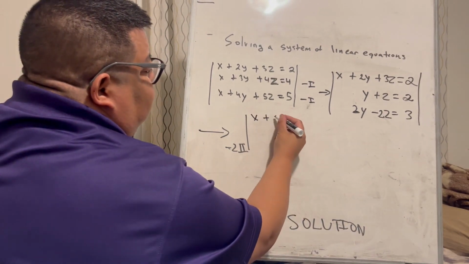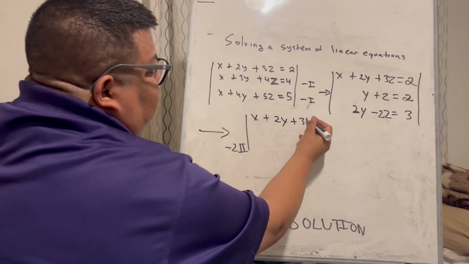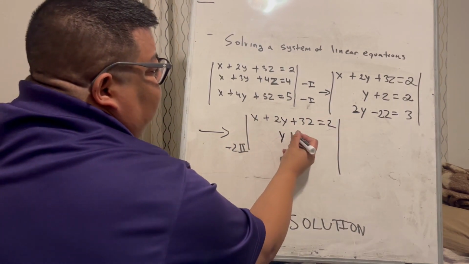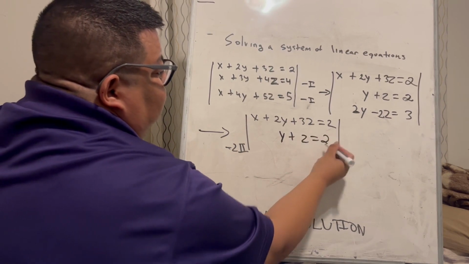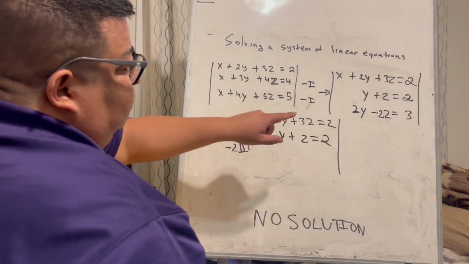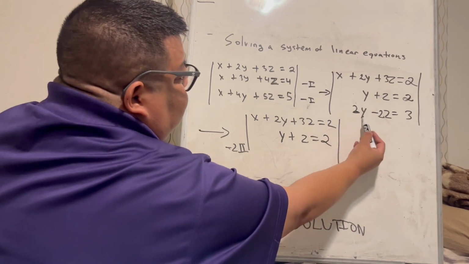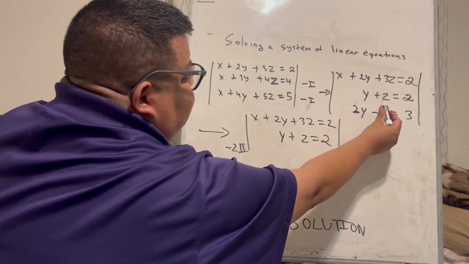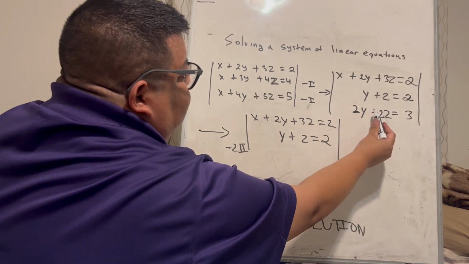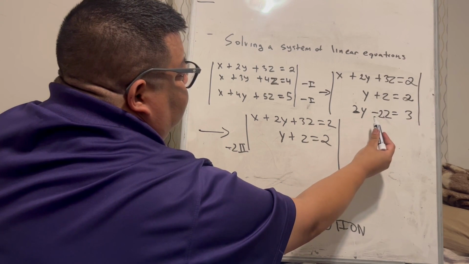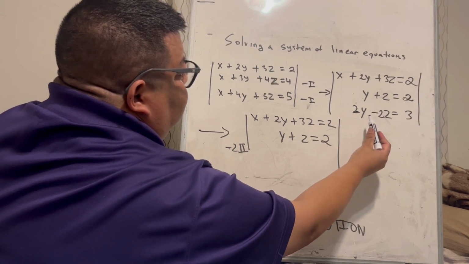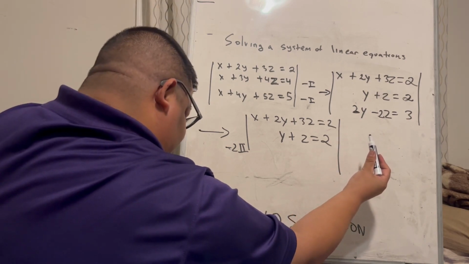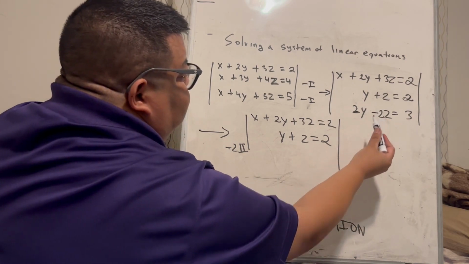So I'm going to get y plus z equals 2, and then -2y, and -2 times z gives you -2z.